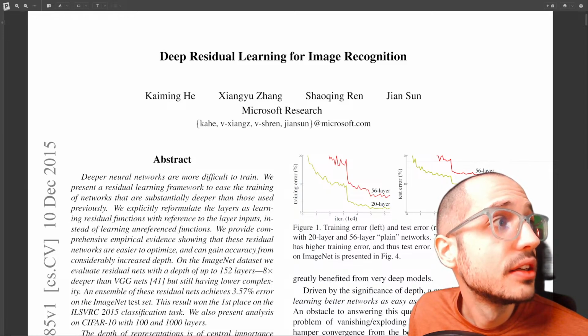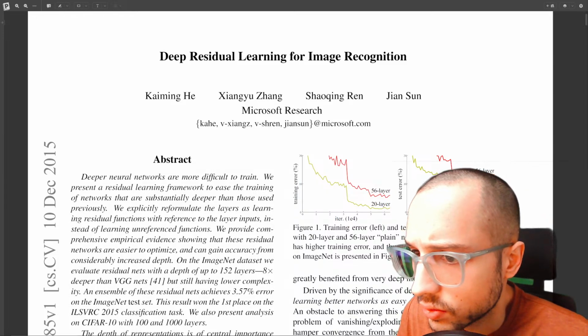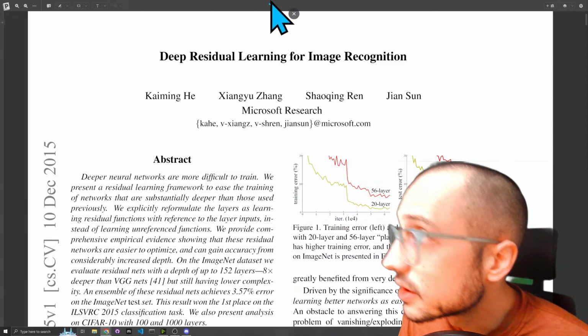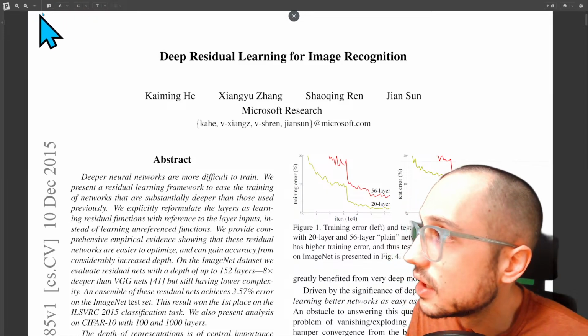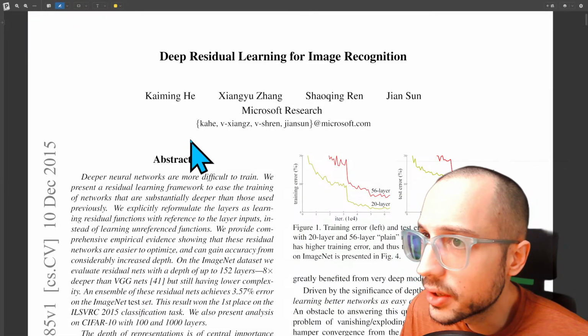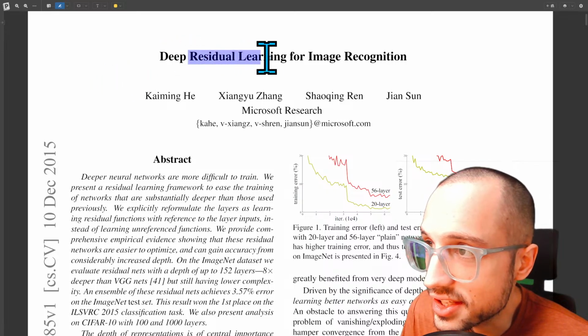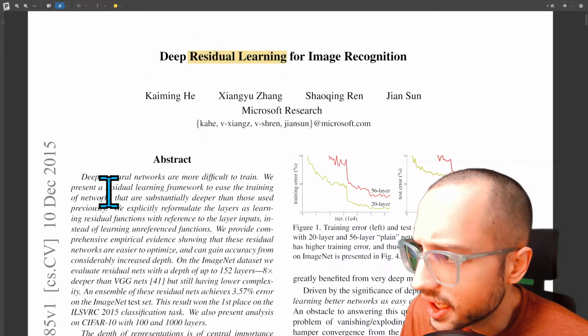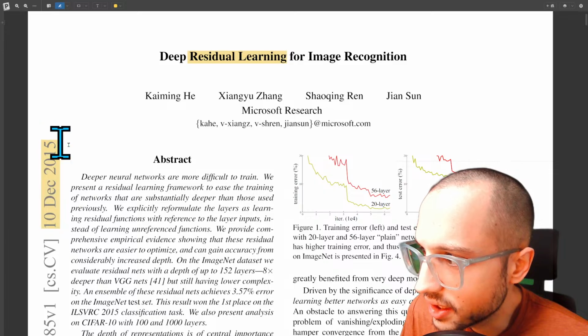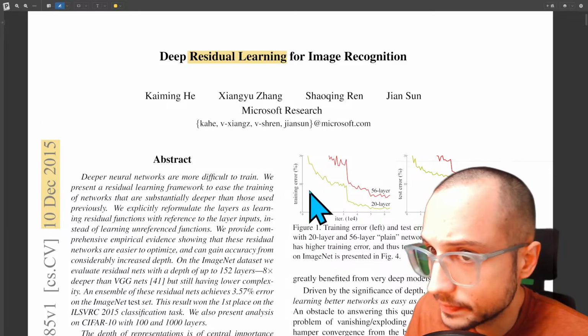Today we are going to be reading a classic paper. This is a classic deep learning paper on residual connections, sometimes called skip connections. This paper is quite old at this point, December 2015.